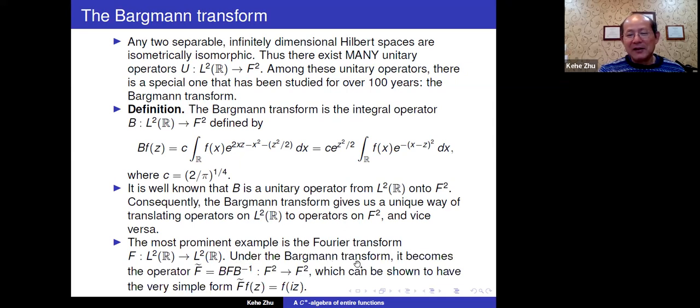The computation I did showed that the equivalent form is something very simple. If I think of the Fourier transform as a bounded linear operator on L2, under the Bergman transform I get an operator on F2, which I denote by F tilde. Then the capital F tilde is simply the operator: if you give me a function f(z), I get the function f(iz). That's the equivalent form of the Fourier transform on the Fock space.